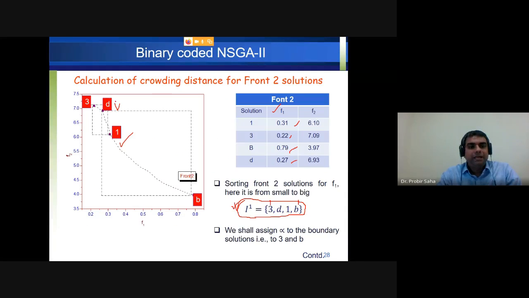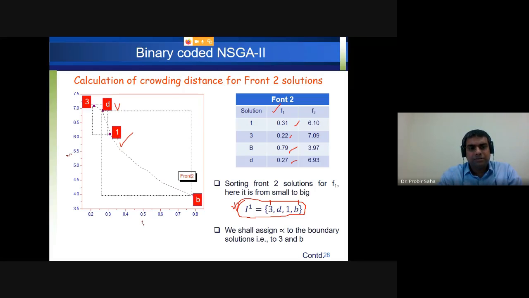If you see, this crowding distance is nothing but giving an idea of the average perimeter of the cuboid which you draw adjacent to, covering the neighboring points of the solution for which you want to find out the crowding distance.